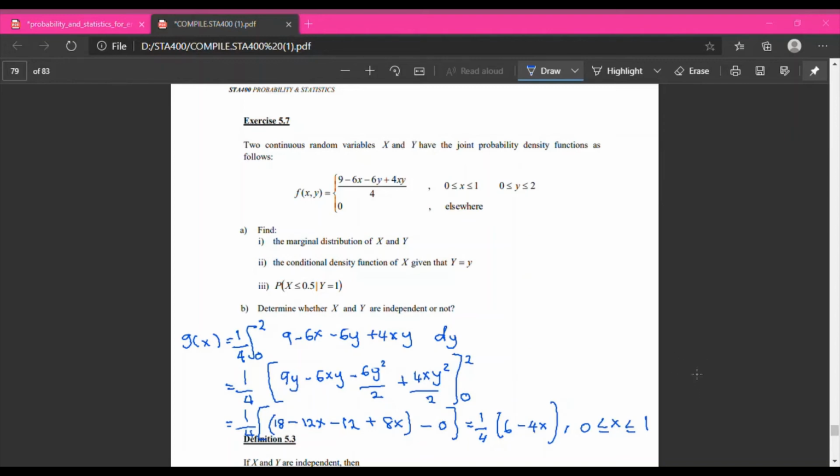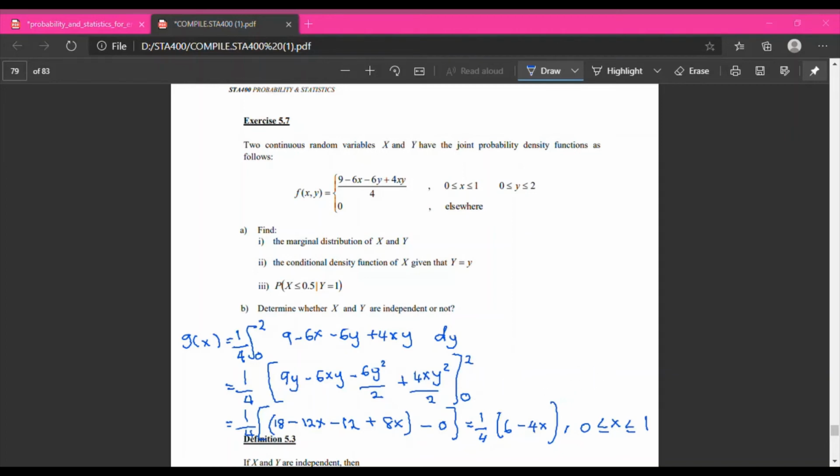So now once we replace all the y with 1, you will get it in terms of x only. So 9 minus 6x minus 6 plus 4x. So it will be 3 minus 2x, right? Divided by 2, dx.